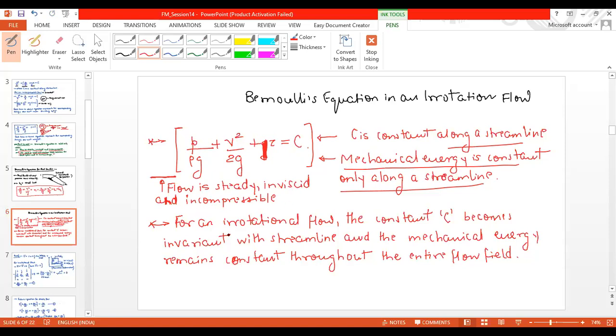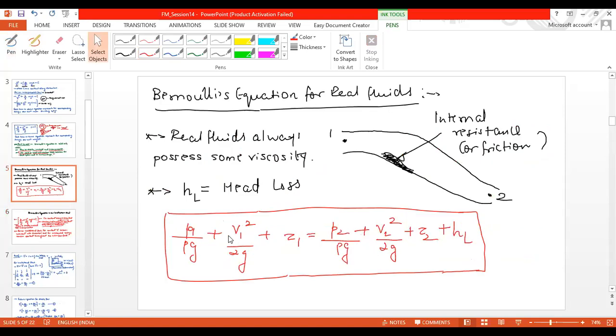But now tell me what is going to happen if we move, let's say this is one streamline, and this is another streamline, from streamline A to streamline B. Will the mechanical energy remain constant between these two streamlines as well?